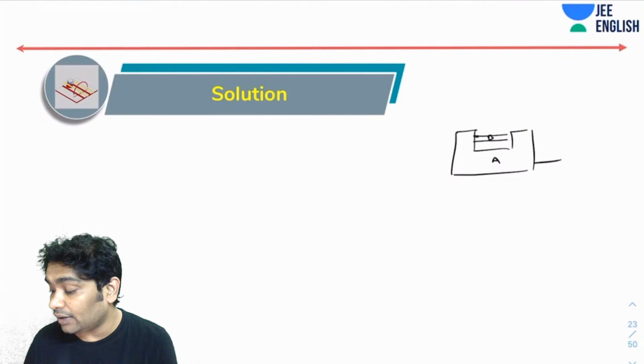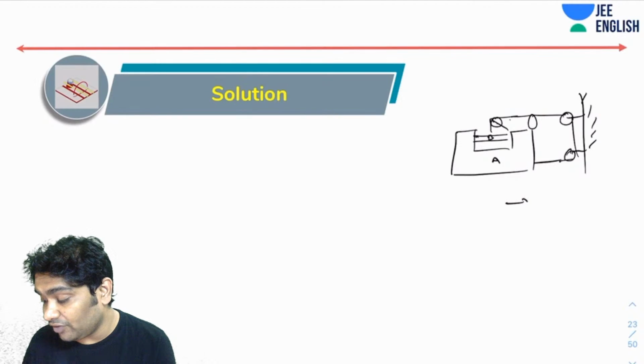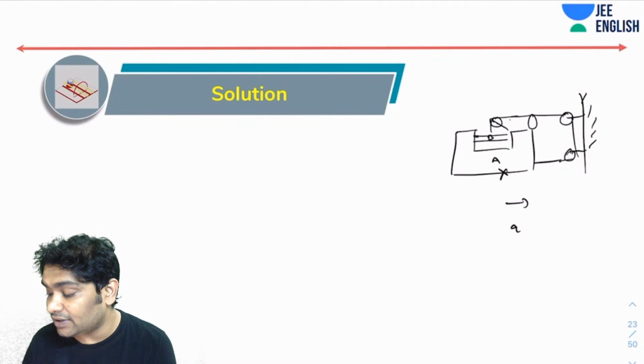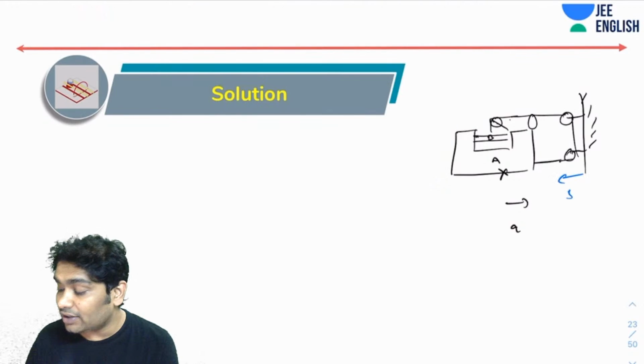If you go into the reference frame of block A, now what do you see? If this is moving ahead with an acceleration A, in the reference frame of this, the entire wall will start moving ahead with 5 meter per second square.